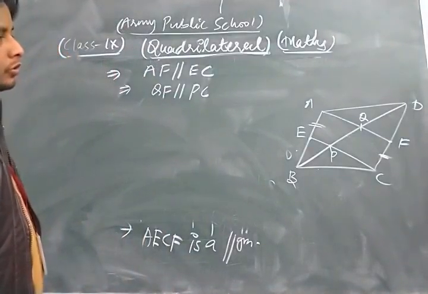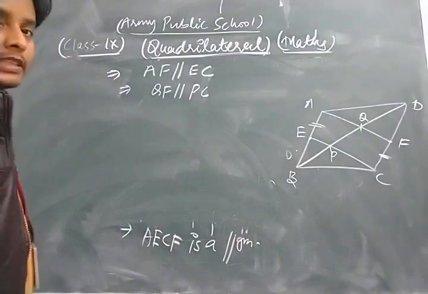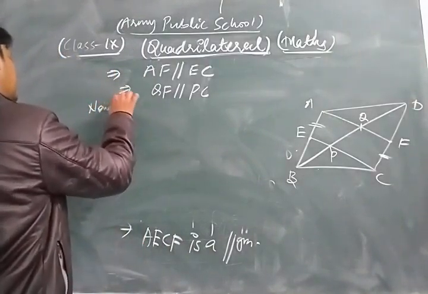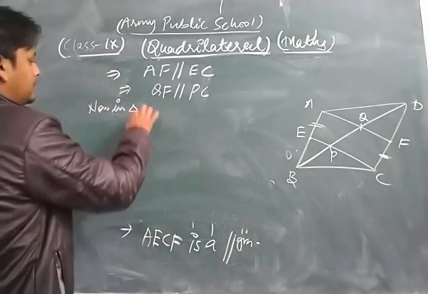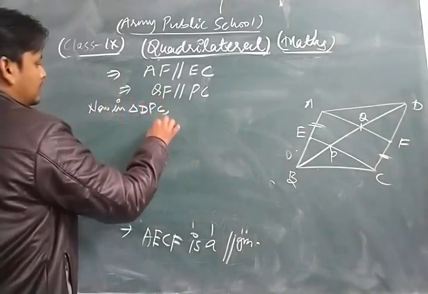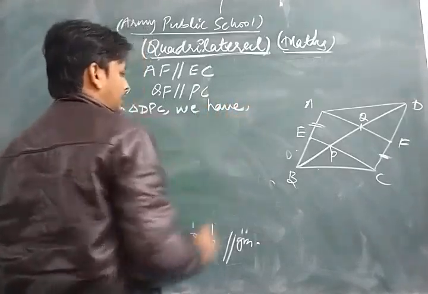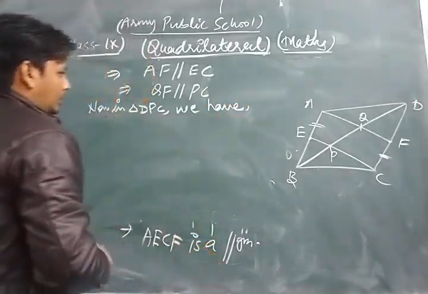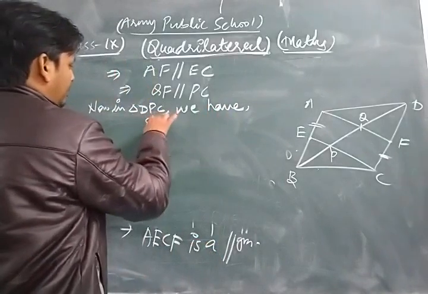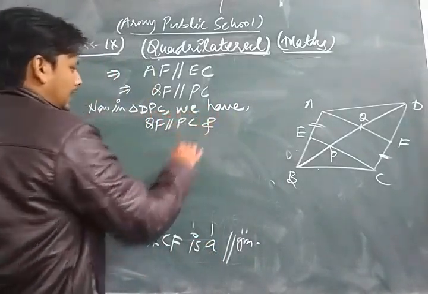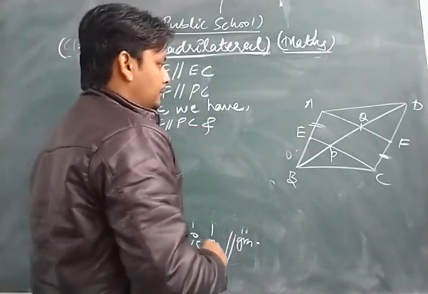Now we take triangle DPC. In triangle DPC, we have QF parallel to PC and F is the midpoint of CD.